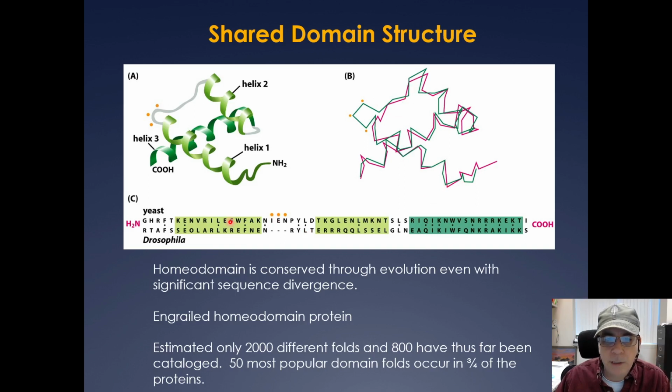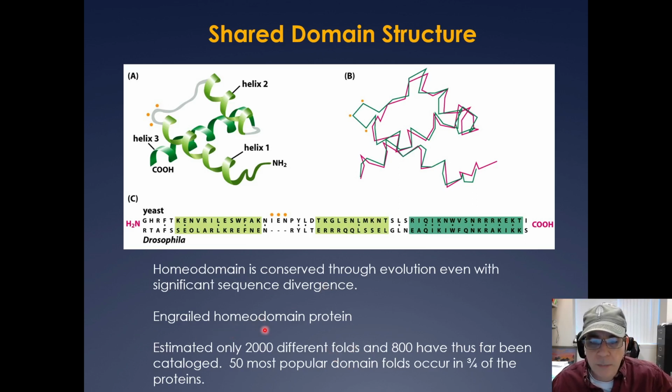Helix 1 here is green, then helix 2, and then helix 3. A little note: this protein called engrailed is also a homeodomain protein, and I bring it up because it is one protein that I know of that has been implicated in autism spectrum disorders. It's a transcription factor, and I wanted to highlight that for you.